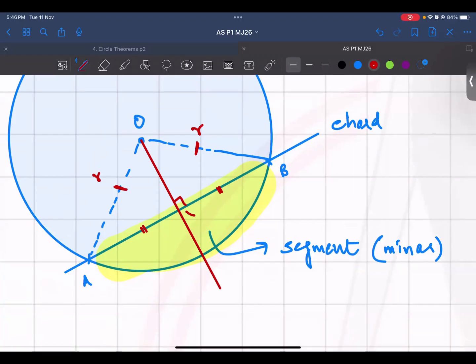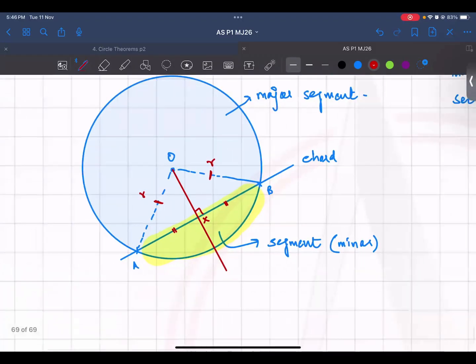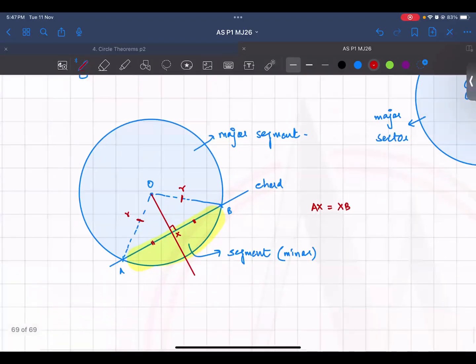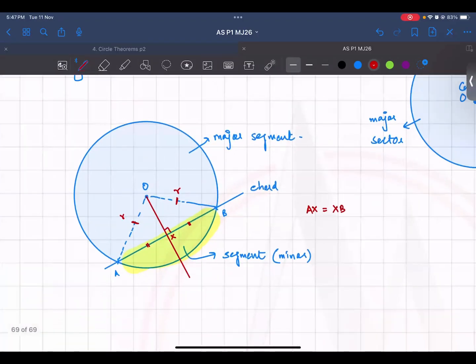So if this is point X, then AX and XB would be equal. The perpendicular from the center to the chord is always bisecting the chord.